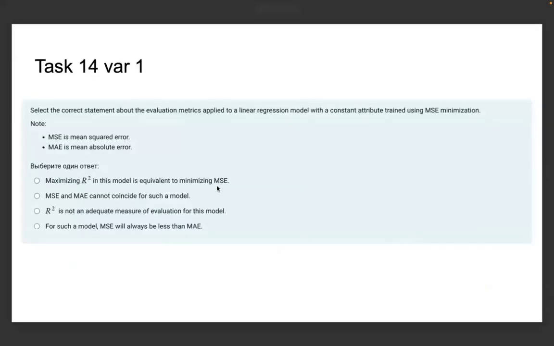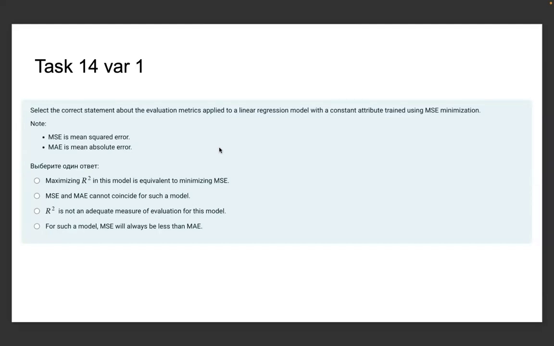So this is correct, but let's move to the other options. MSE and MAE cannot be considered for such a model. We can use them in linear regression. R square is not an adequate measure of evaluation for this model. It's again false, because we can use R square in linear regression.